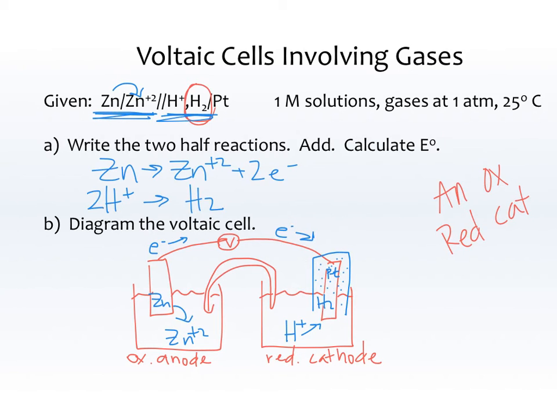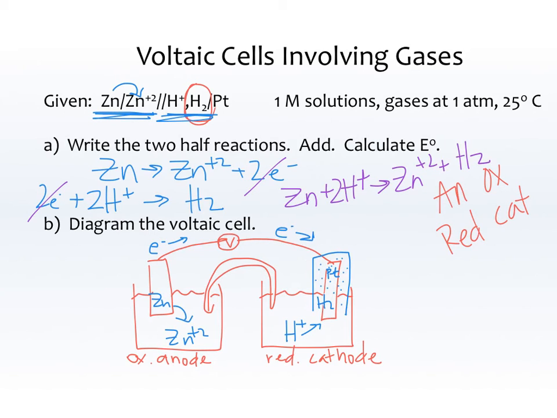That means I need 2 hydrogens and then 2 electrons to balance it. The electrons cancel, and then what's left over is Zn plus 2H plus makes Zn plus 2 plus H2. So that's my overall reaction.